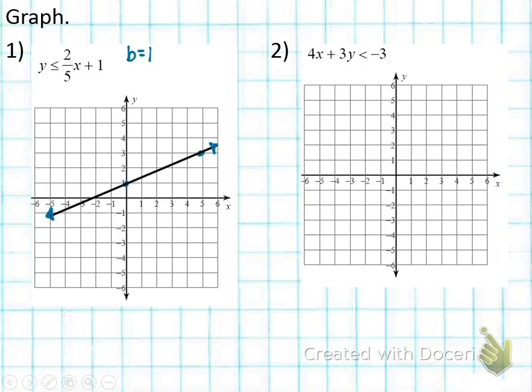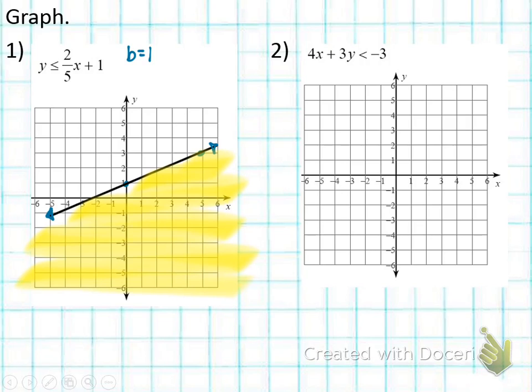You would take a highlighter, or shade with the side of your pencil. I'm shading less than because it says less than, right underneath it. This says I could pick any point in the shaded region or on the line, and it would make my equation true. It would be part of the solution.